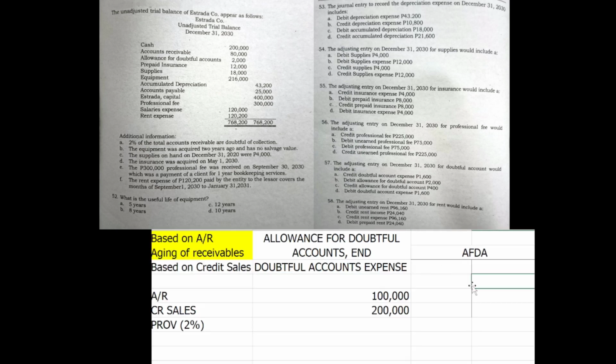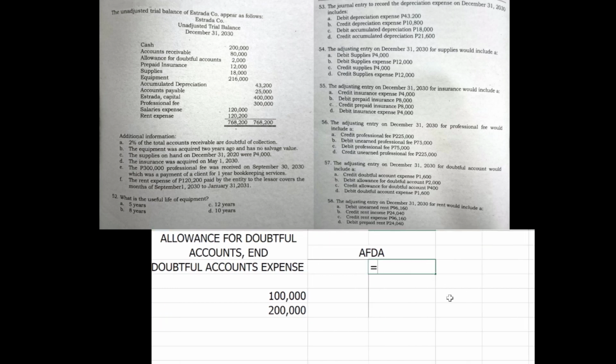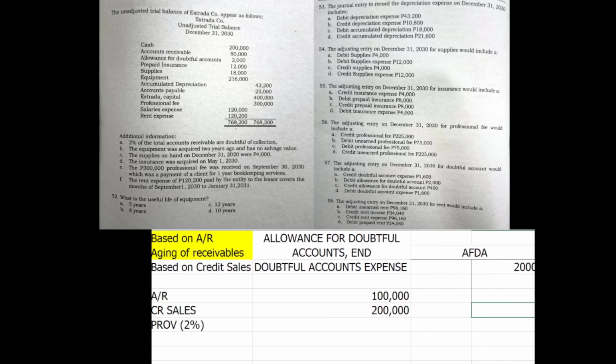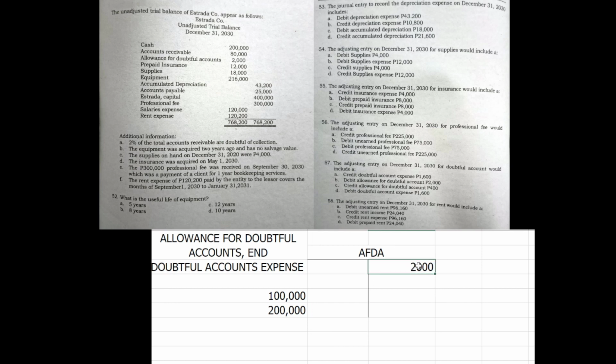Okay. So, ganito. Again, yung allowance for doubtful accounts is a contra asset account. Ibig sabihin, nasa credit side siya ng ating T account. So, for example, 100,000, multiply natin yung ating 0.02 na provision.